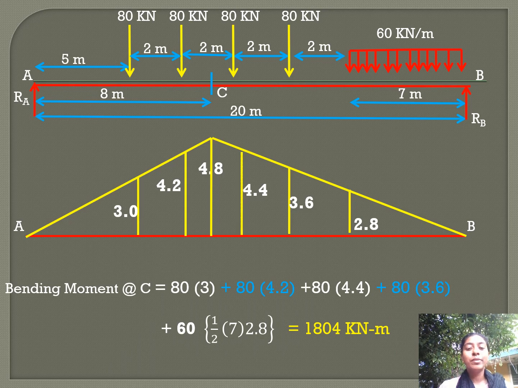Now the bending moment will be equal to the load multiplied by the ordinates, and for UDL, it is the load multiplied by the area under the load in the influence line diagram. So finally we get the bending moment at C for the given loading condition as 1804 kilonewton meter.